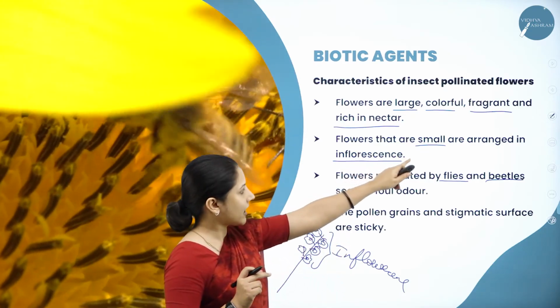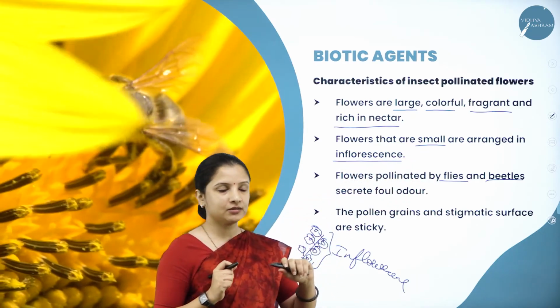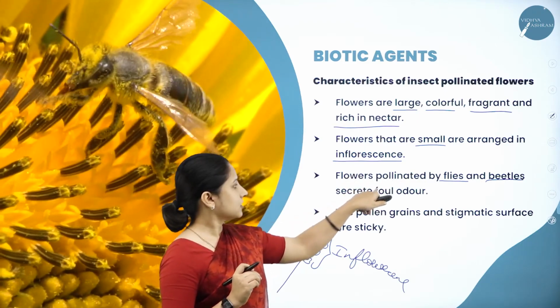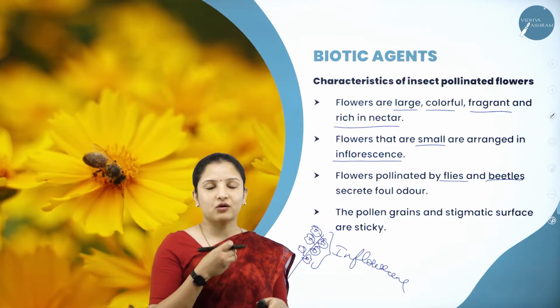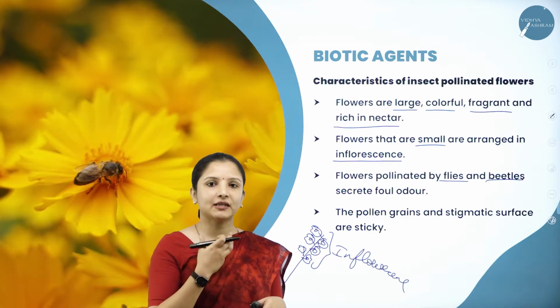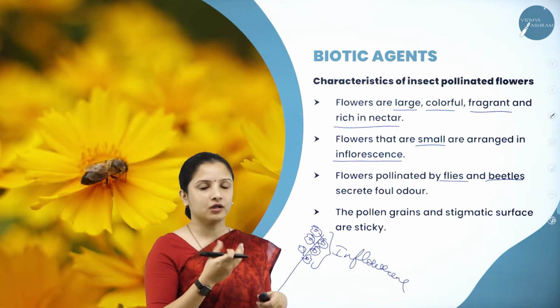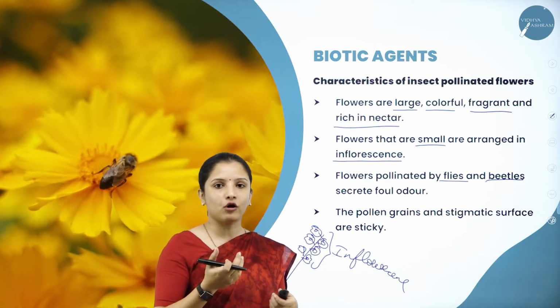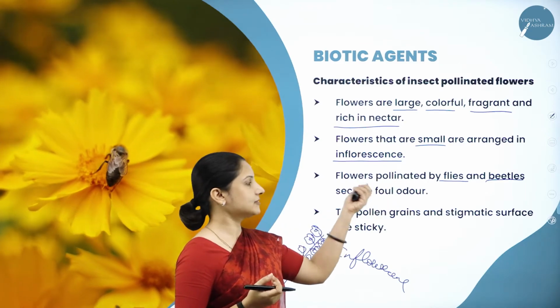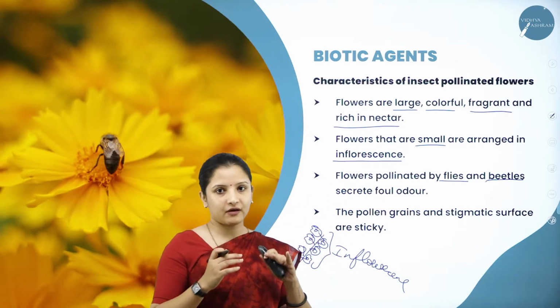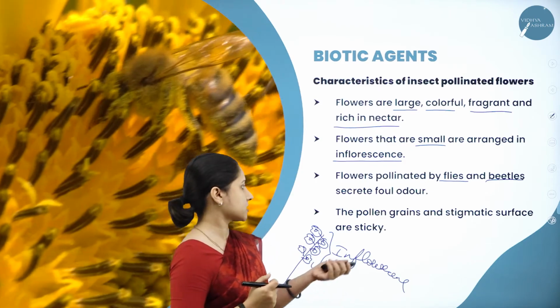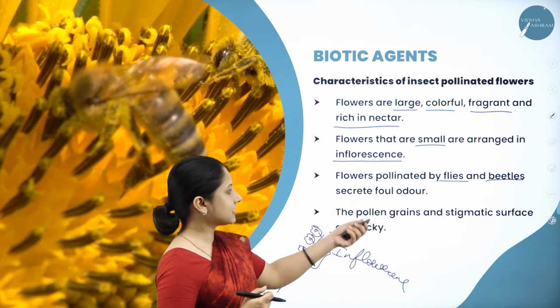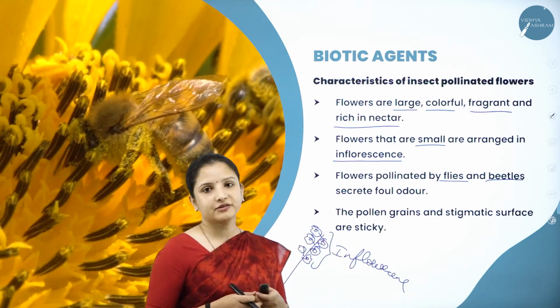So that is why, to attract flies and beetles, the flowers secrete a foul odor or a bad smell. Taking that smell, the flies and the beetles will come and sit on the flower, therefore favoring pollination.